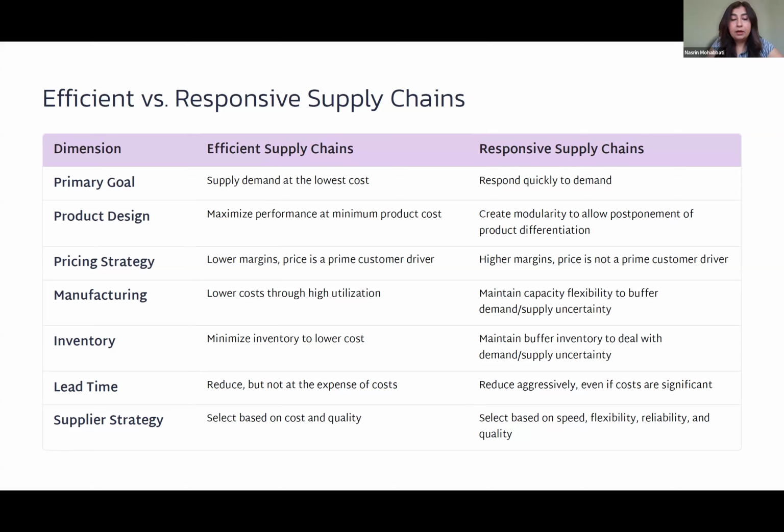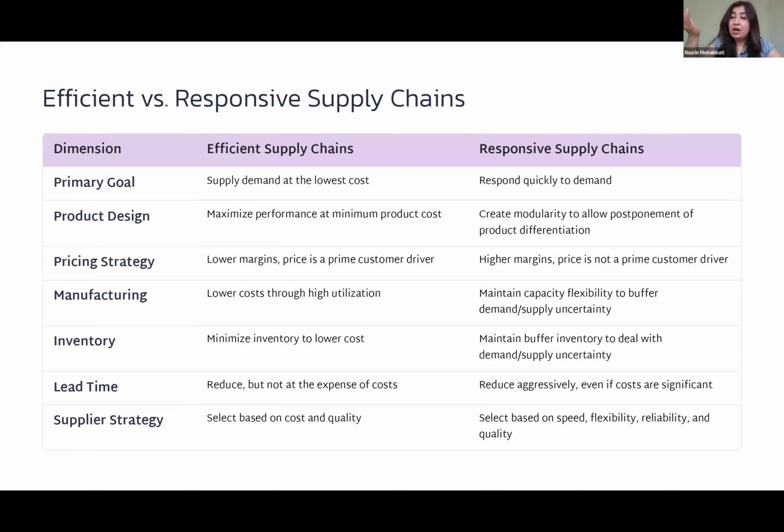And then pricing: efficient supply chains try to lower the price, responsive supply chains not necessarily. They offer premium service and they get the price for it. In terms of manufacturing, efficient supply chains lower the cost by high utilization of their manufacturing centers. Responsive supply chains do keep some capacity of their manufacturing to be flexible.